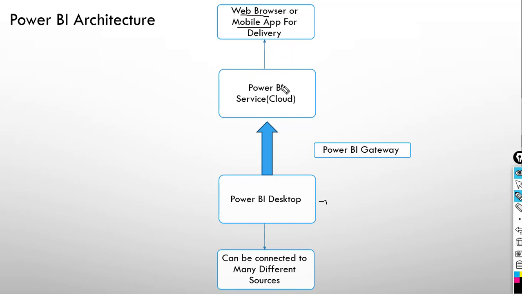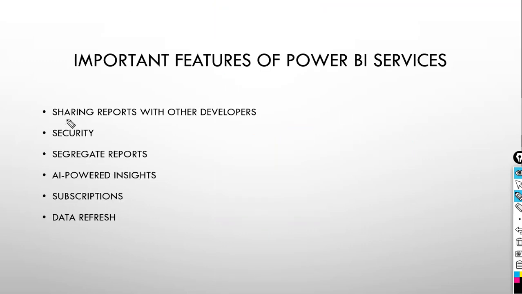Now using Power BI service, you can not only share the reports and visualizations, but there are many other features which are available. I will show you one slide in which some important features of Power BI service are discussed. One of the important features is sharing reports with other developers.